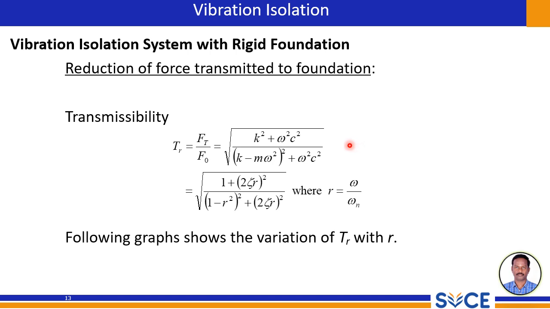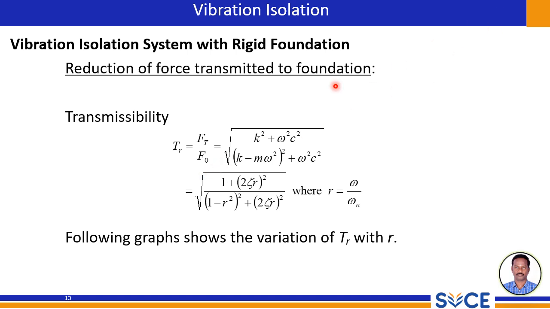That is, we want to minimize the force transmitted to the rigid foundation. The key concept here is transmissibility, denoted by T_R, defined as the ratio of force transmitted to the foundation to the force applied to the machine, or F naught.